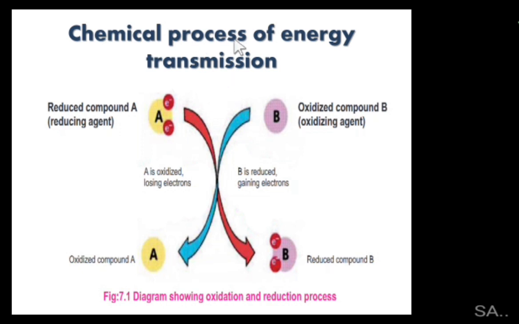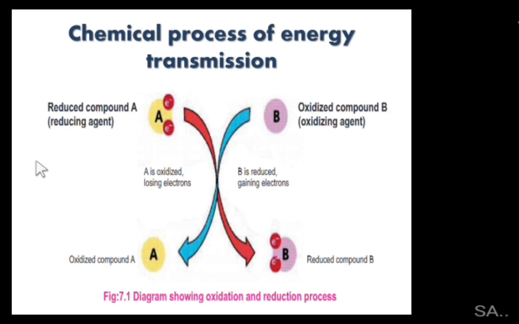The chemical process of energy transmission is such. For this, you must have an idea about two reactions which are happening in our body. One is the reduction reaction, and another is the oxidation reaction. A reduction reaction is a type of chemical reaction in which electrons are gained, or the oxidation state of a chemical is decreased.